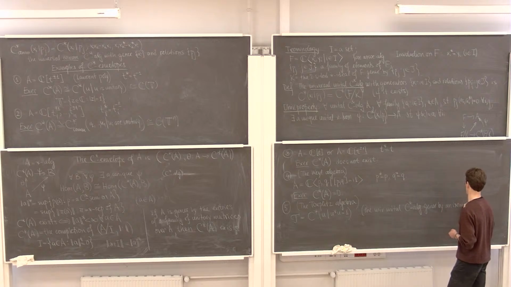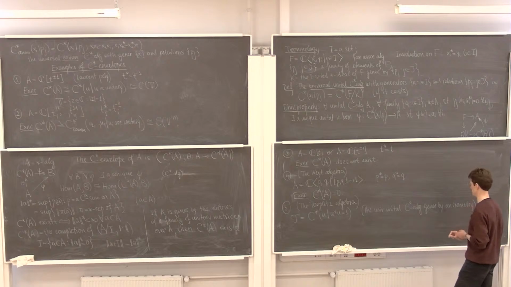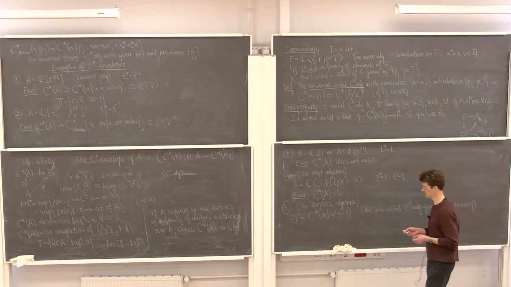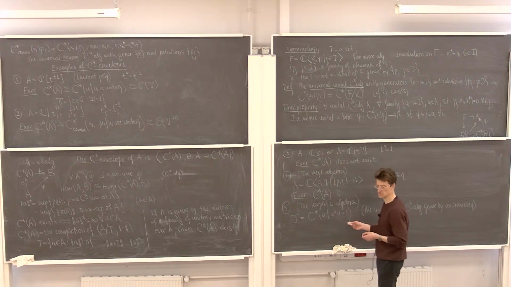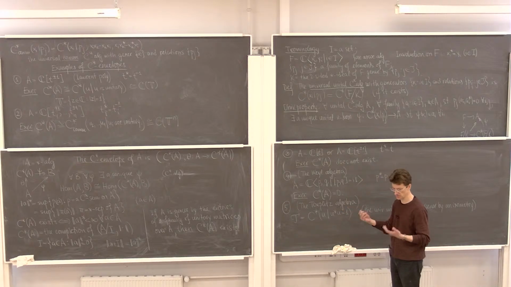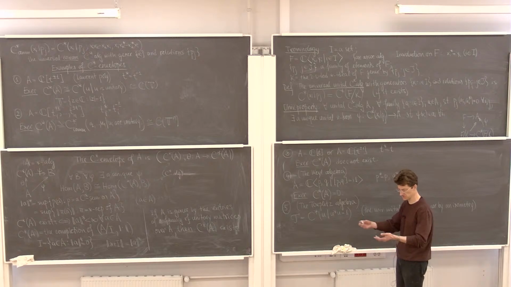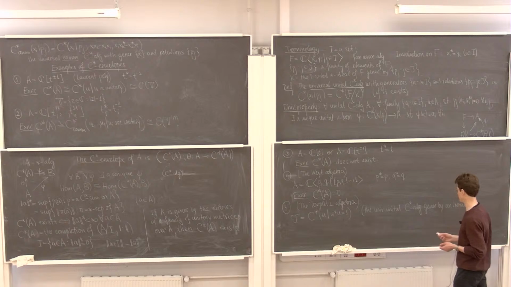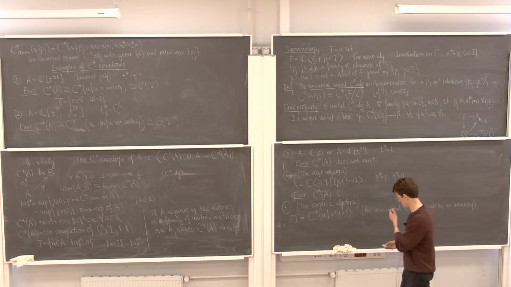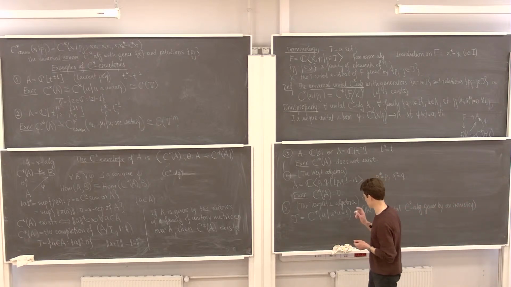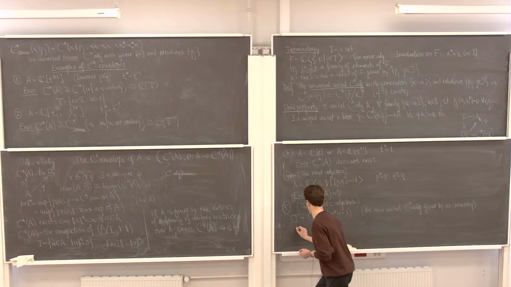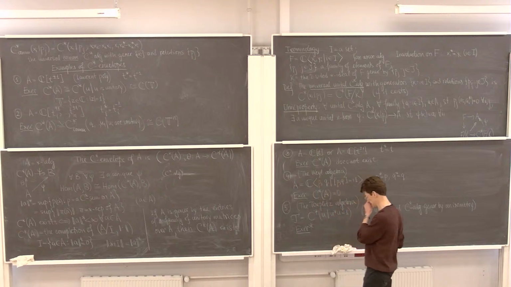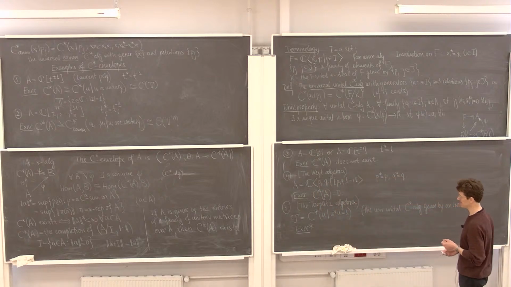This terminology is quite natural because it's a simple exercise in functional analysis to show that a bounded operator U on a Hilbert space is an isometry in the usual sense, that is, it preserves the norm, if and only if it satisfies this condition. This exercise is not entirely trivial.